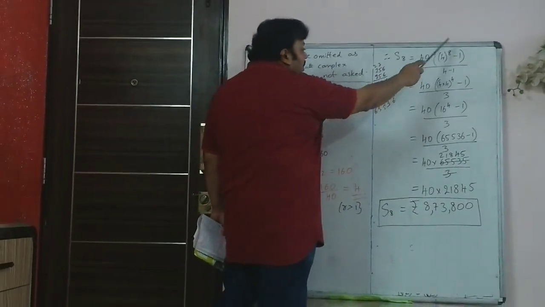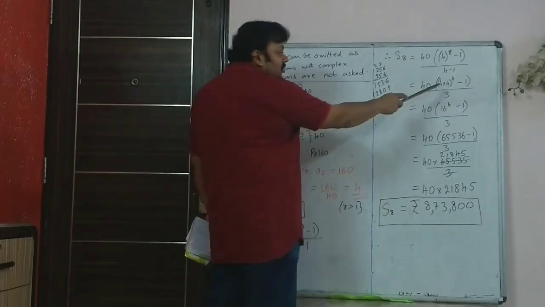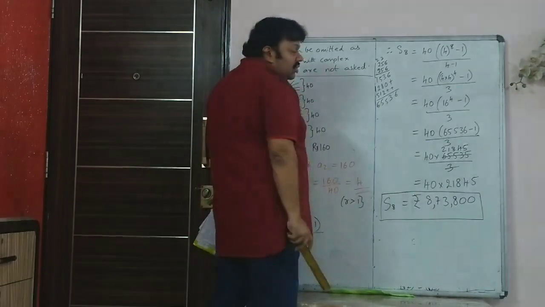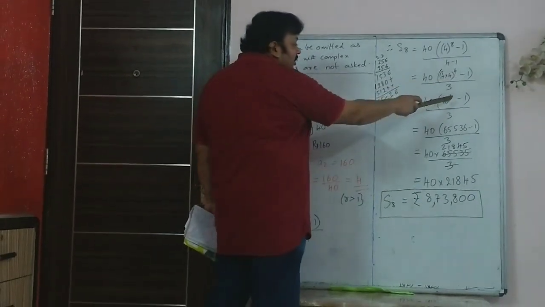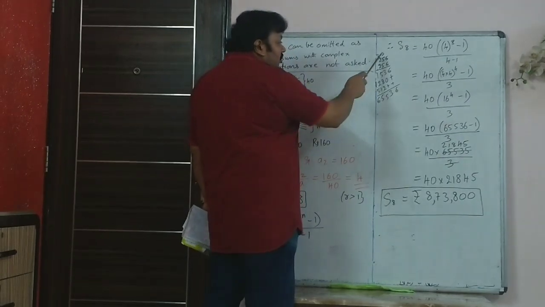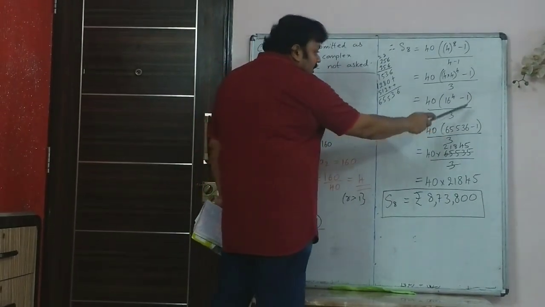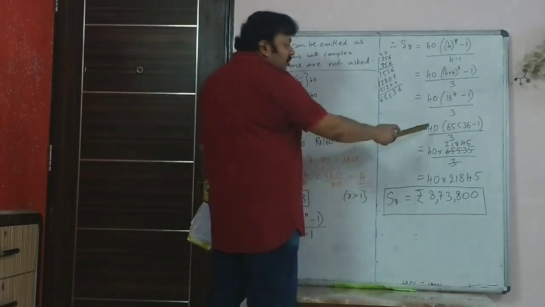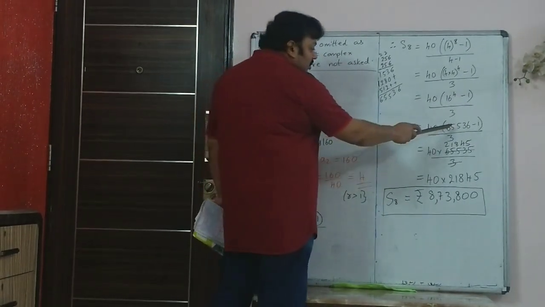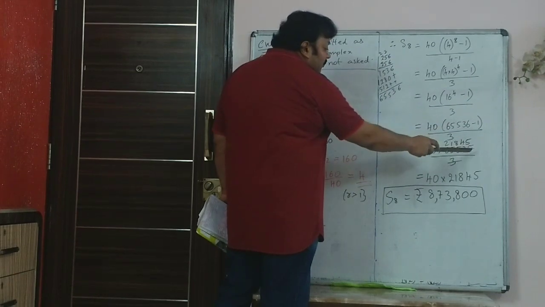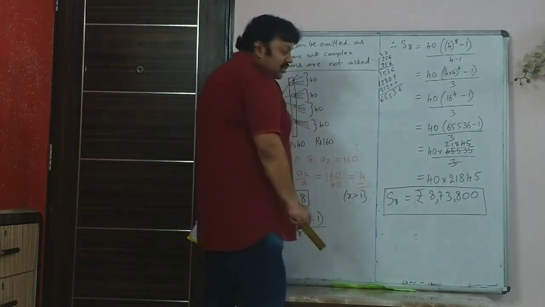So 4 raised to 8 is as good as 4 into 4 raised to 4. So this is 16 raised to 4, which is 256 into 256, that is this number, minus 1. So 40 into 65535, because you have done minus 1.